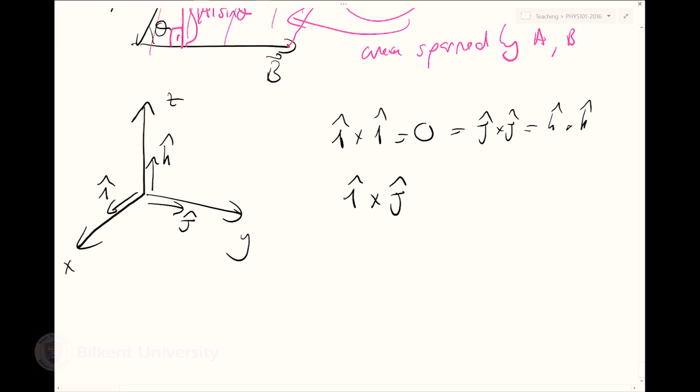Similarly, j cross k gives me I. K cross I gives me j. So let's write these down. I cross j gives me k. J cross k gives me I. And finally, k cross I gives me j.